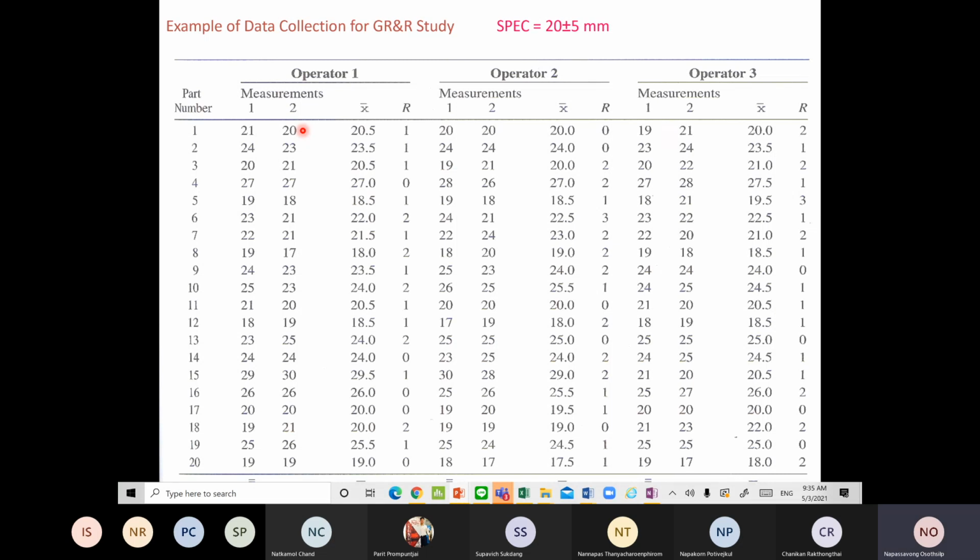Is it about repeatability, reproducibility, or is the variation regarding the part? Anybody can answer me? 21 and 20 are different. So there is a variation regarding repeatability, reproducibility, or part. Maybe I'll ask Pawat.